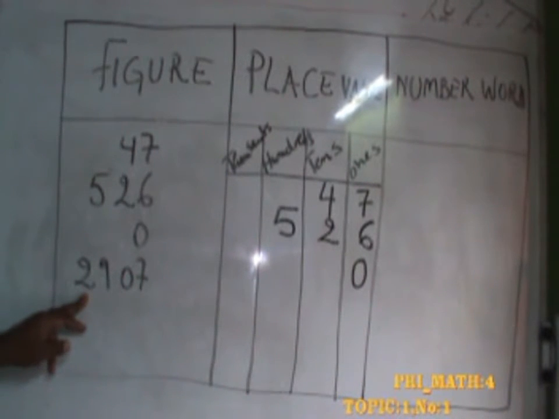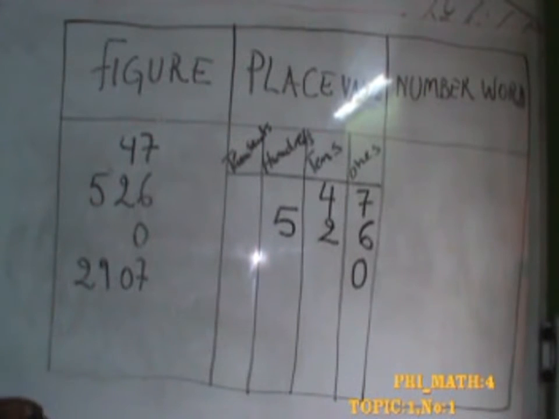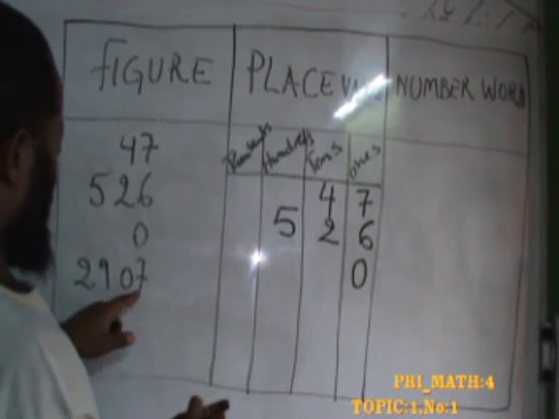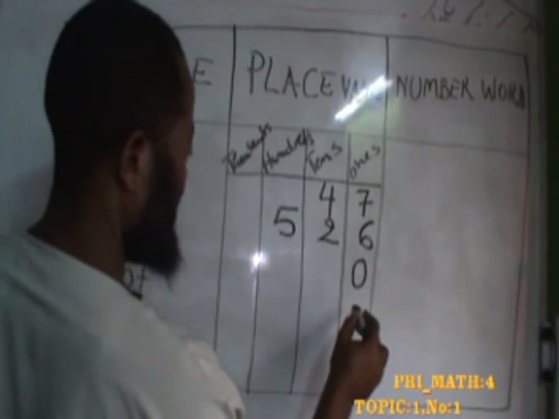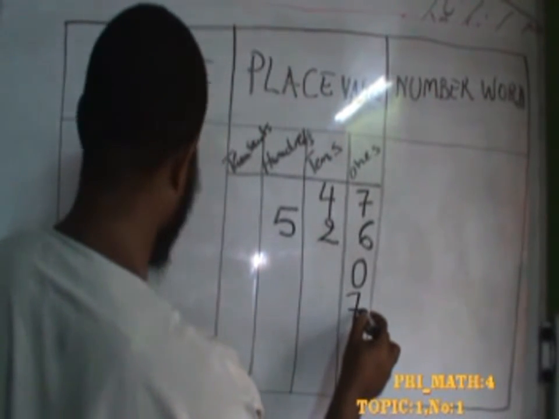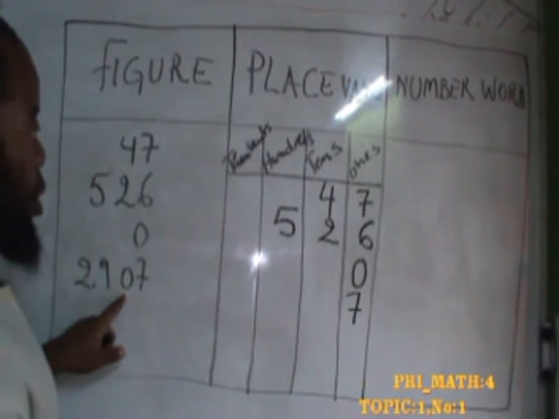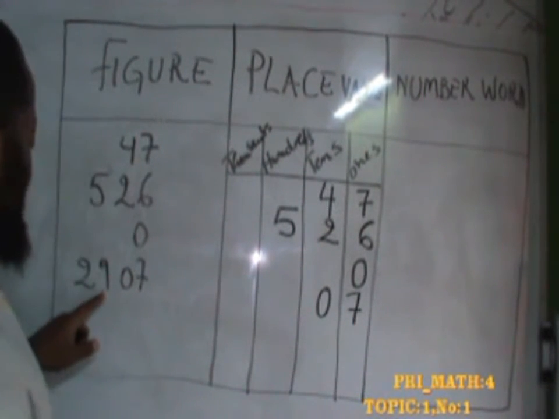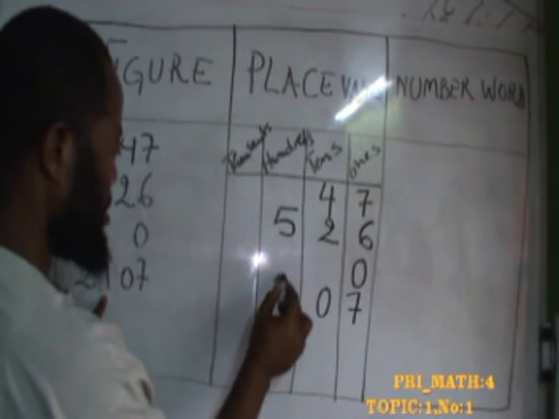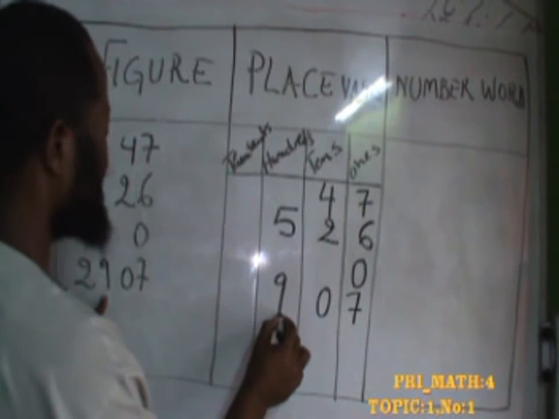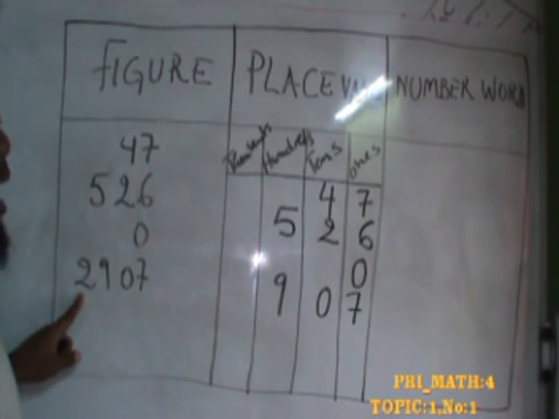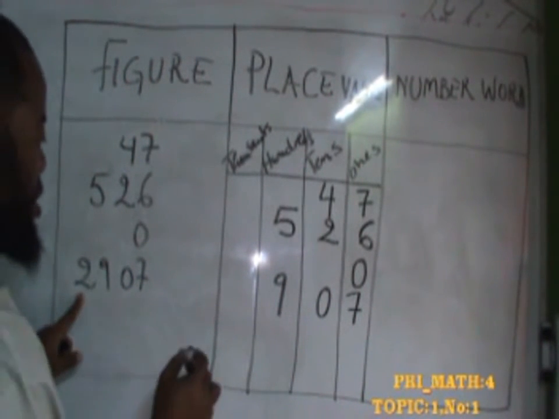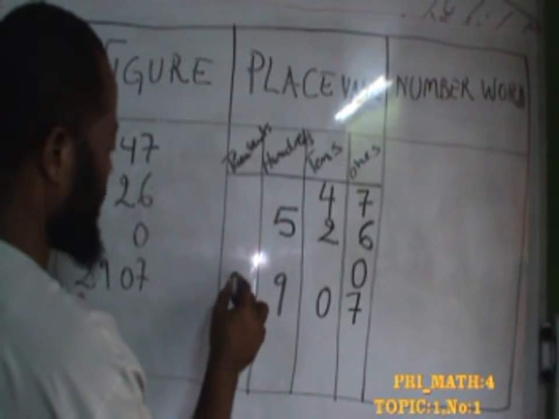And our last number will be represented as follows: 7 for ones, 0 for tens, 9 for hundreds, and our last digit, which is 2, for thousands.